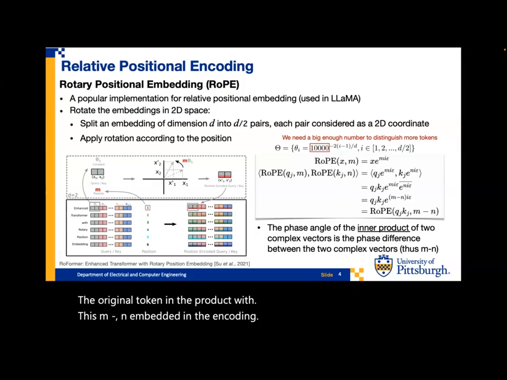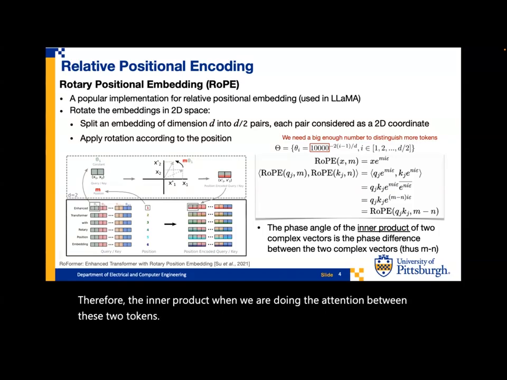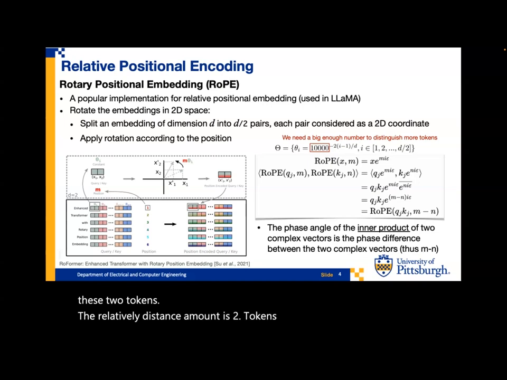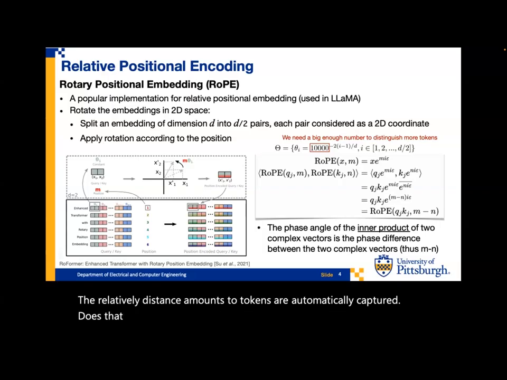Does that make sense? And therefore, in the inner product, when we are doing the attention between these two tokens, the relative distance between these two tokens is automatically captured. Does that make sense? Better?